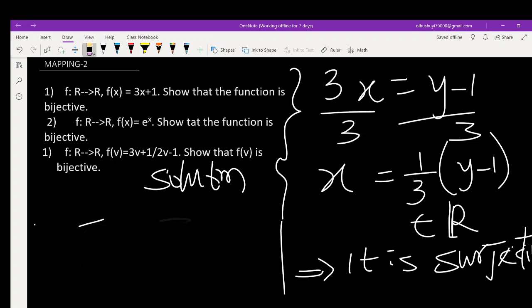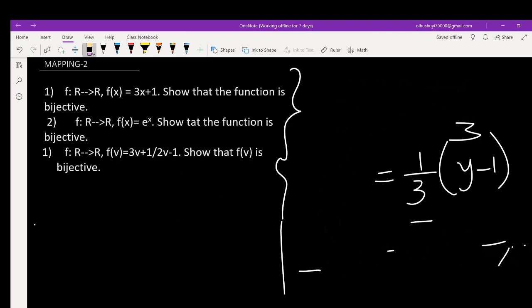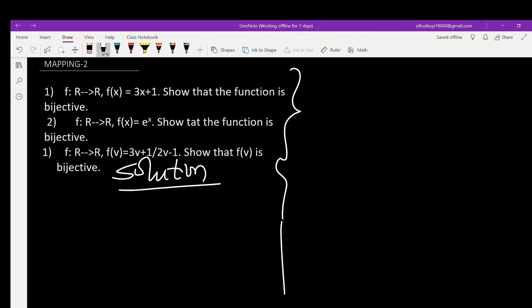Let's solve example 2. You have to show that the function f of x equals exponential of x is bijective. That it should be injective. Checking for injectivity.